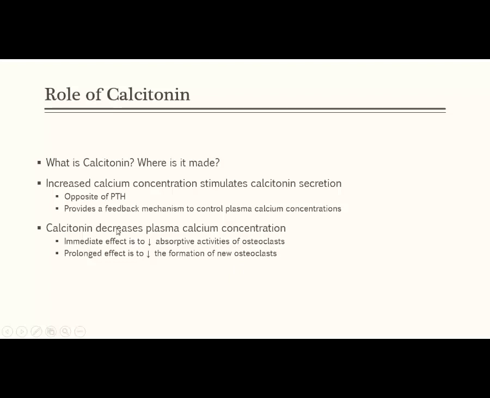So when calcitonin is released, it causes the osteoclasts to slow down and a decrease in the formation of new osteoclasts, so that we are no longer releasing calcium into the extracellular fluid and blood by breakdown of bone. So it slows bone breakdown.